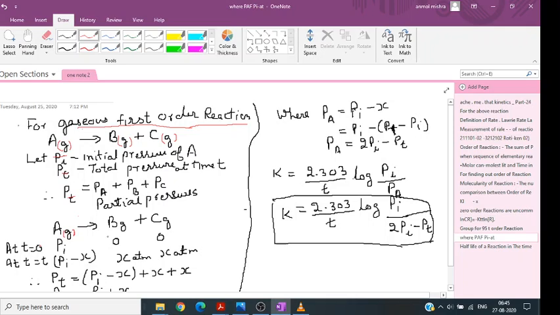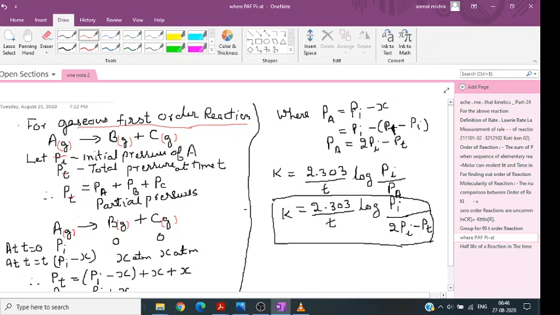Again, at time t equal to 0, the initial concentration of A is represented by Pi. I represents initial, and when the reaction has not started, the concentration of B and C will be 0 and 0. After time t, suppose A has disintegrated into X atmosphere and B and C also X atmosphere.